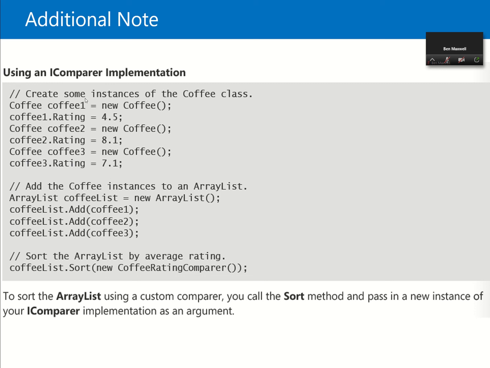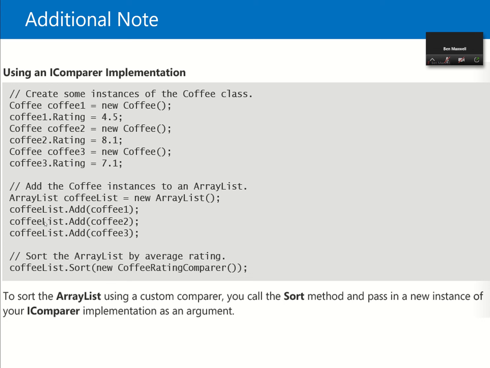Then you add coffee 1, coffee 2, and coffee 3 into an array list called coffee list. Now I want to sort them.